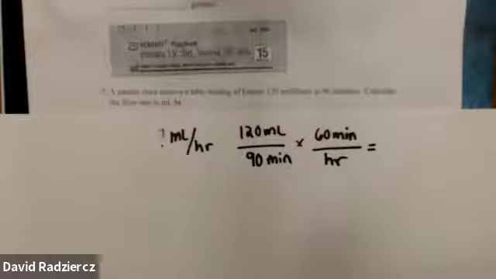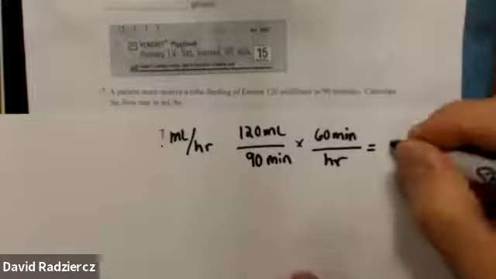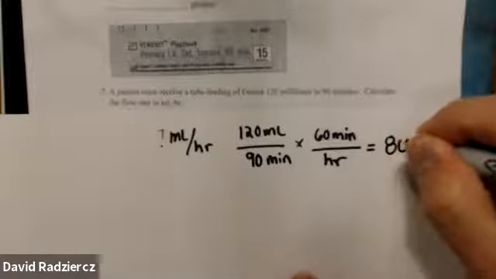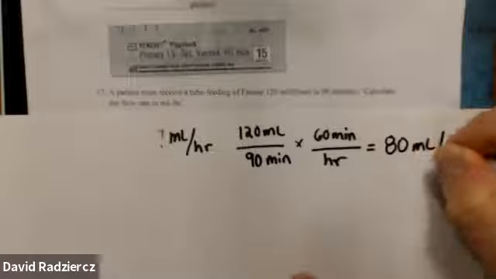And then I'm going to pull up my calculator. And 120 times 60 is 7,200, divided by 90. And that will give me 80 milliliters per hour.